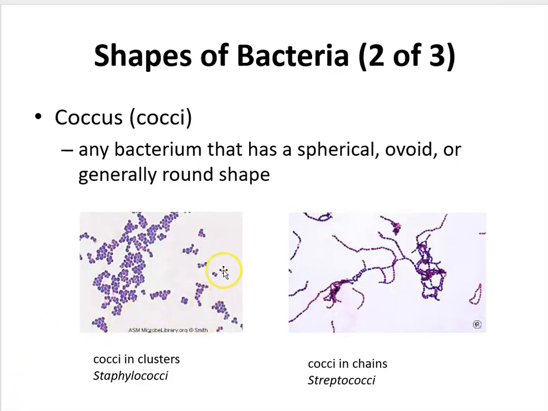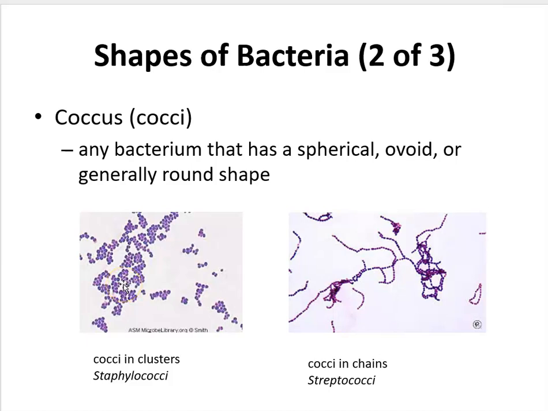You can see that there it is singly, in pairs. There's a particular tetrad. It's a real good one. A little bit more, you can see that's a tetrad, but it's on its edge. But you can see this kind of grape-like clusters. That's notorious for staph.